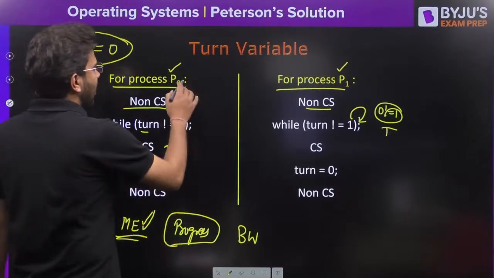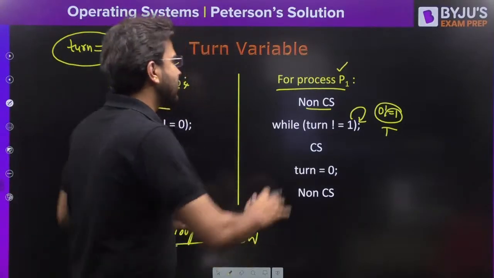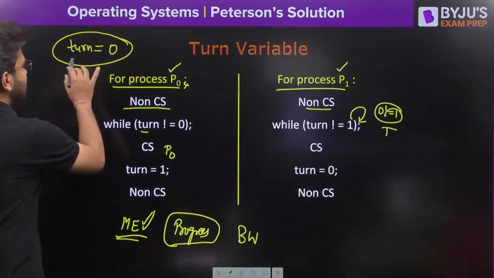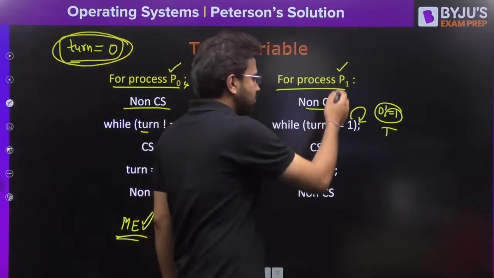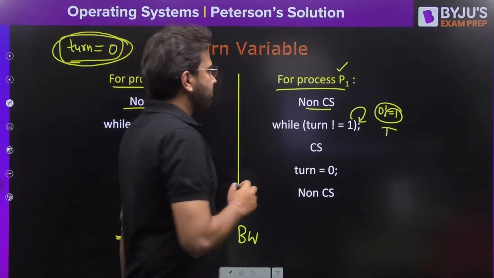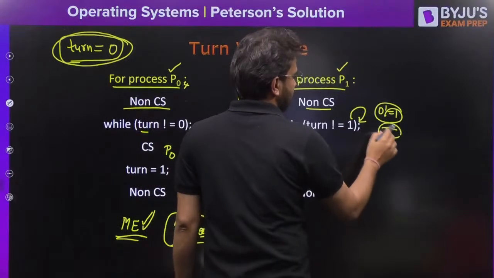Let's say I'm not executing P0. P0 is not interested in accessing the critical section, but P1 is interested, and let's say the initial value of turn is 0. Now, you tell me whether process P1 will be able to access the critical section or not. What do you say? Here the initial value is 0, and 0 is not equal to 1 is true.